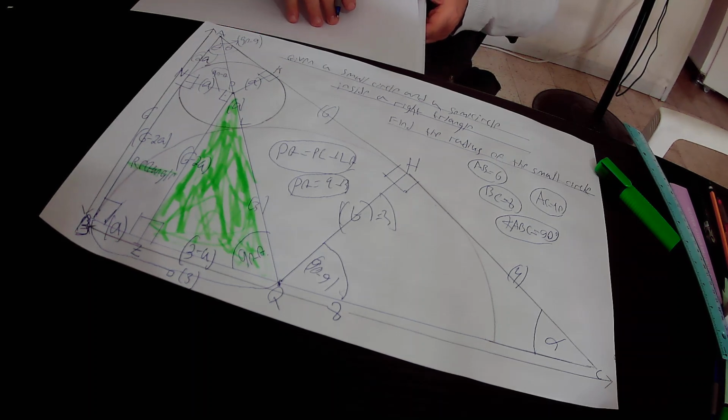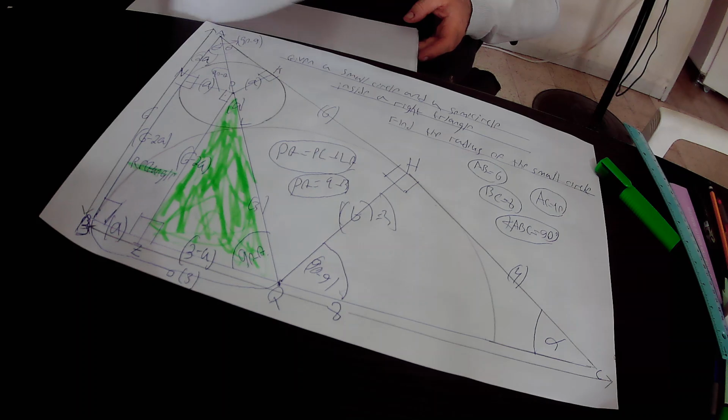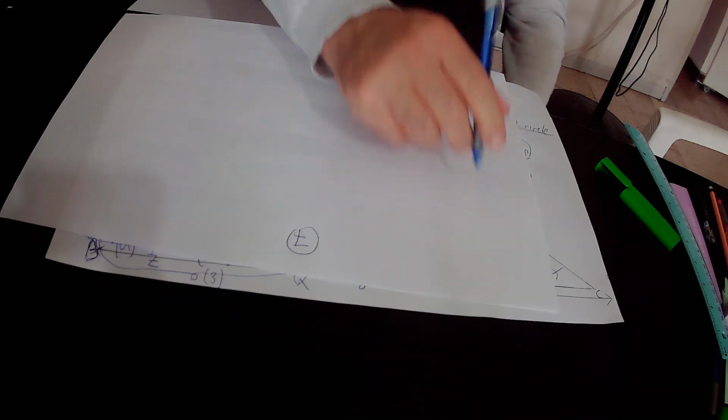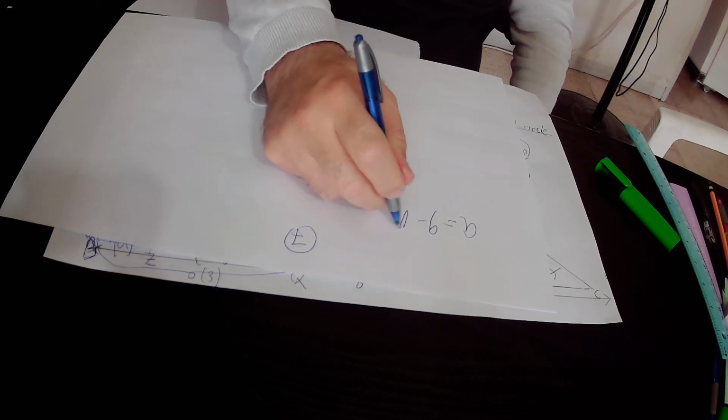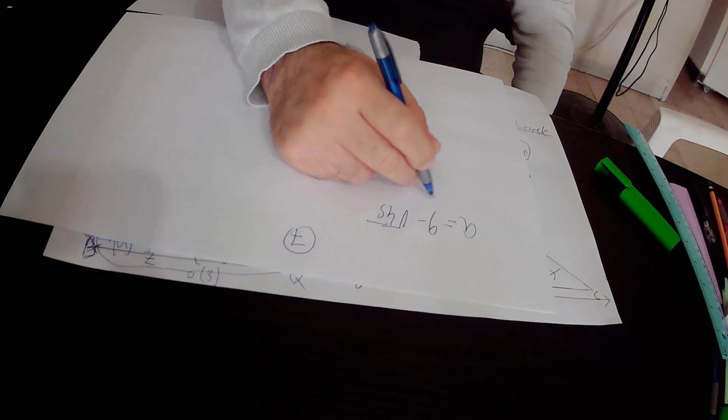The second possible solution is a equals 9 minus square root of 45 over 2.